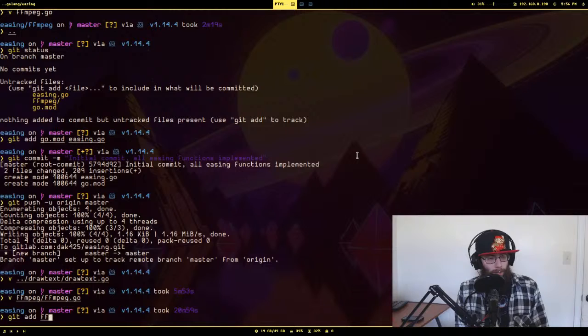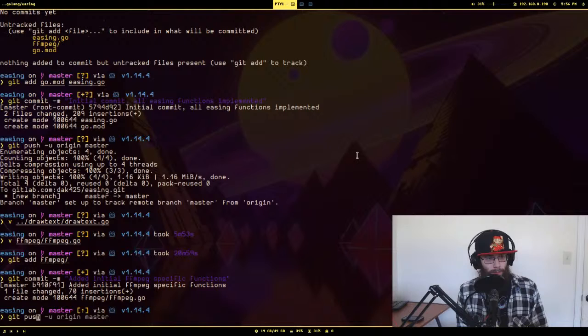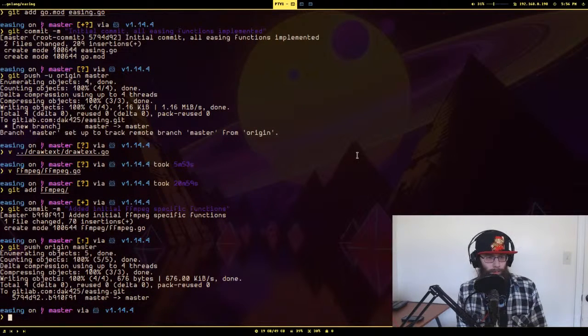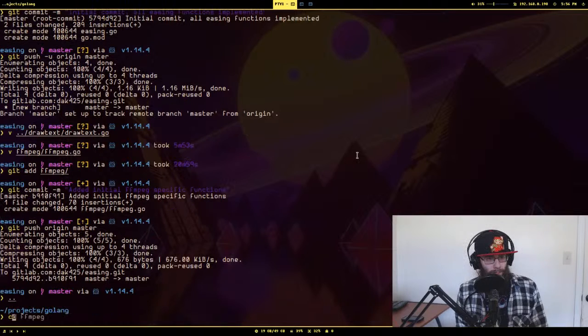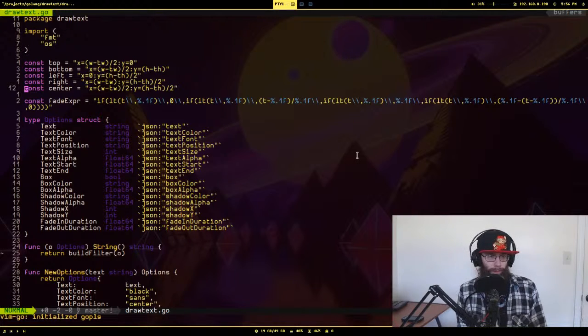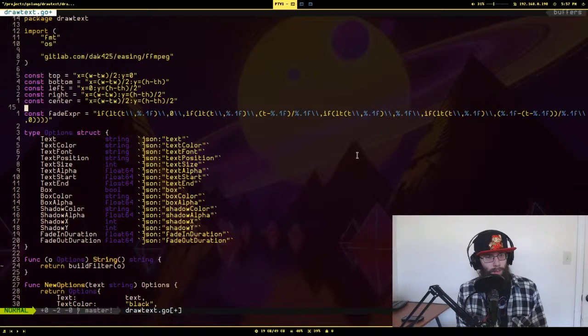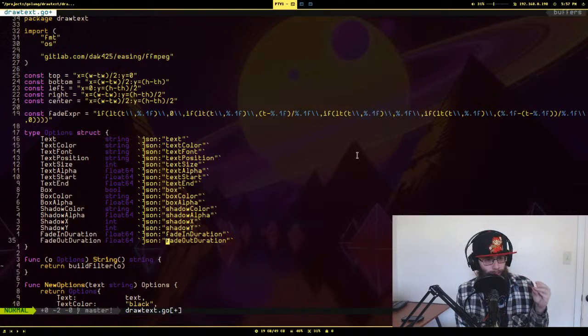Git add, ffmpeg git commit, added initial specific functions. Let's see, cd drawtext. Let's see here.